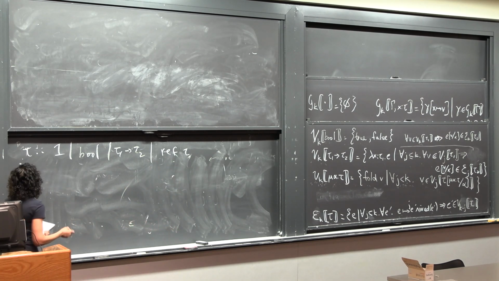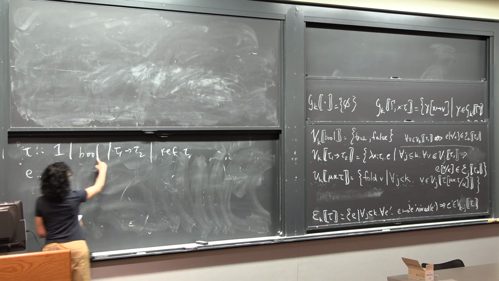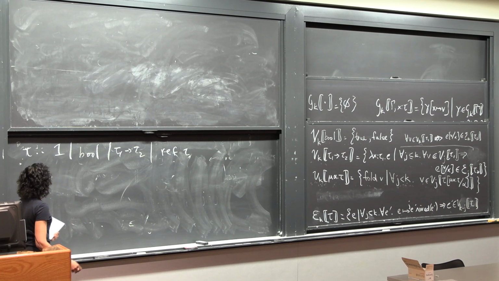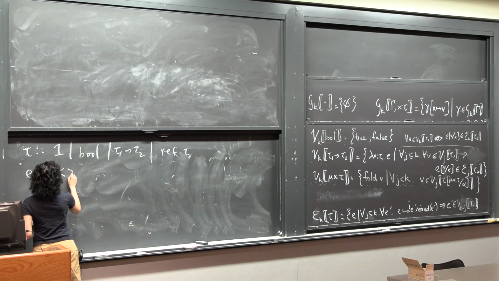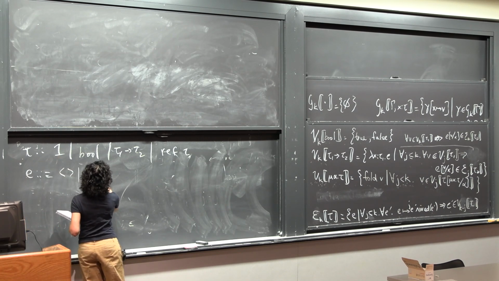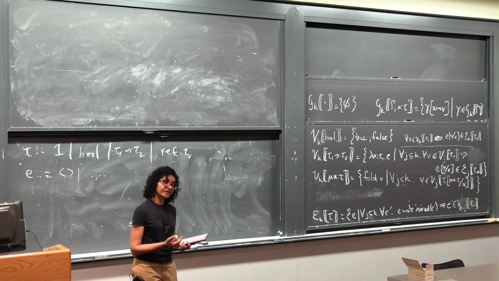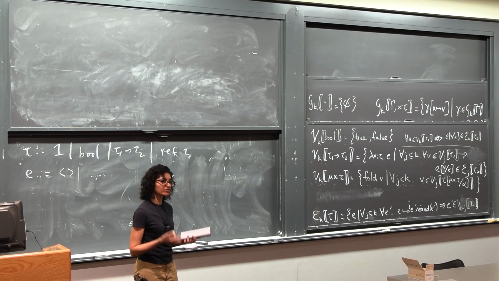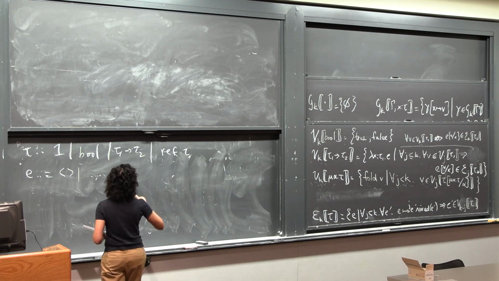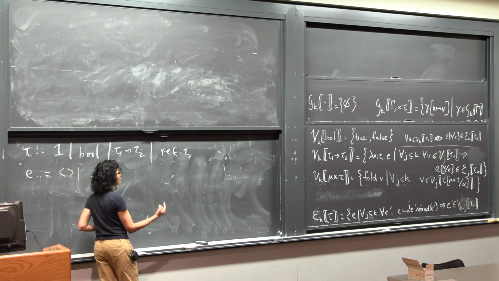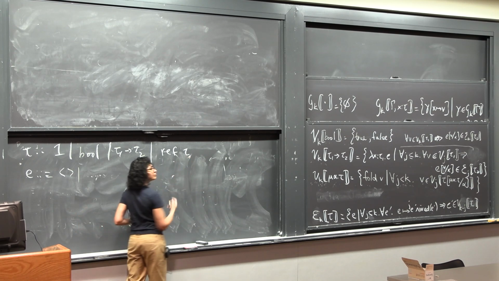Okay. For expressions, we have all the expressions that we had yesterday for these earlier types. And for unit, I'm going to write it like this, etc. But for references, I need an operation to be able to create a new reference. In other words, create a location for a memory cell that contains some value of type tau.